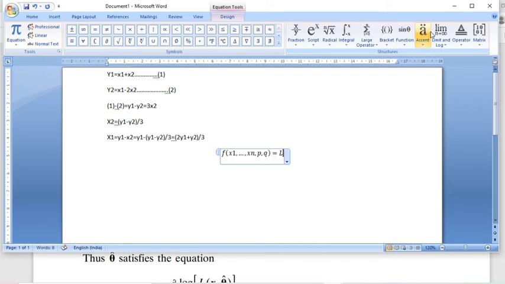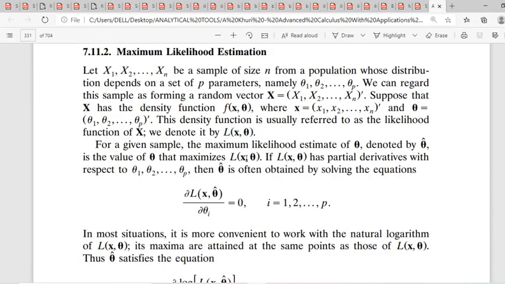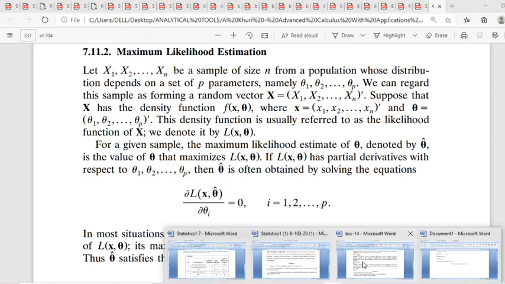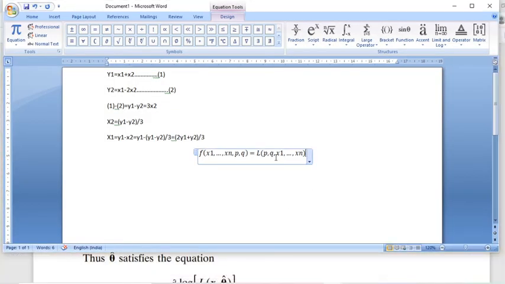This can be written as L(p, q, x1, ..., xn). We have to write it like this, but in this text we can see that x comes first. No problem. This notation is convenient to understand.